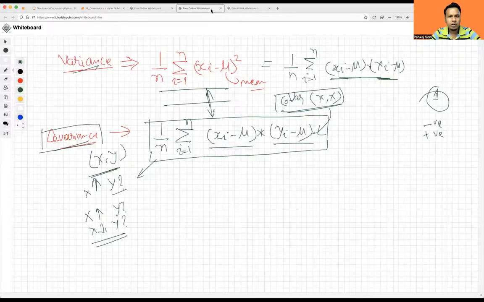One more thing I wanted to talk about with this particular graph. Let's say you have x and y. This x is nothing but, let's say, the height of a person, and this is the weight of a person. Let's say height is 100 and weight is 20 kilograms. Then 120, and this is in centimeters, and this is in kg.